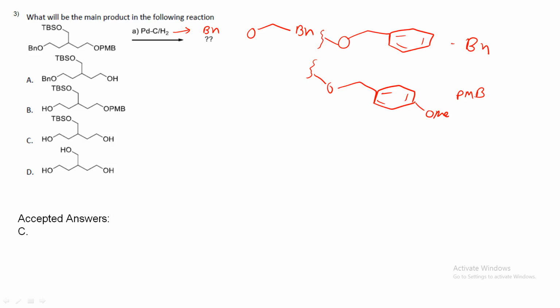And what is TBS? I told you that TBS is a silyl protecting group, right? So TBS would be tert-butyl dimethyl silyl, and this is the TBS protecting group, a butyl silicon. TBDMS is the same thing, tert-butyl dimethyl silane, just a short form of this.